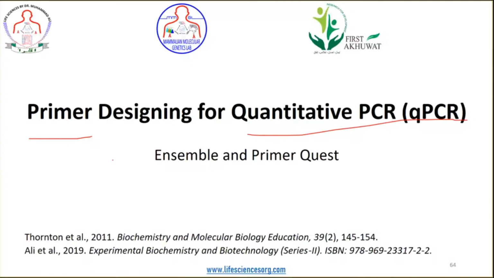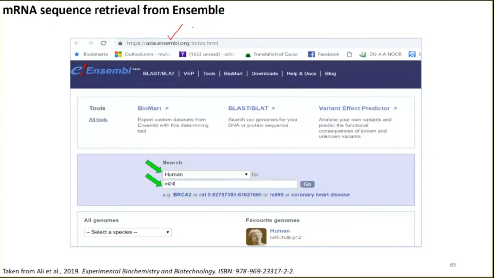This is a very useful database containing the DNA sequence, gene sequence, mRNA, transcript, and protein sequence for human, mouse, and several other species. Simply write Ensembl genome browser and you will come across this website. We are going to design the qPCR primers for the EI24 gene, EI24 mRNA, for the human.